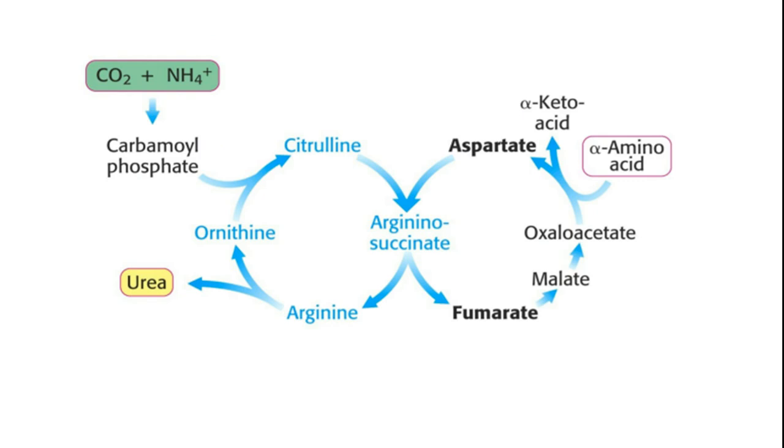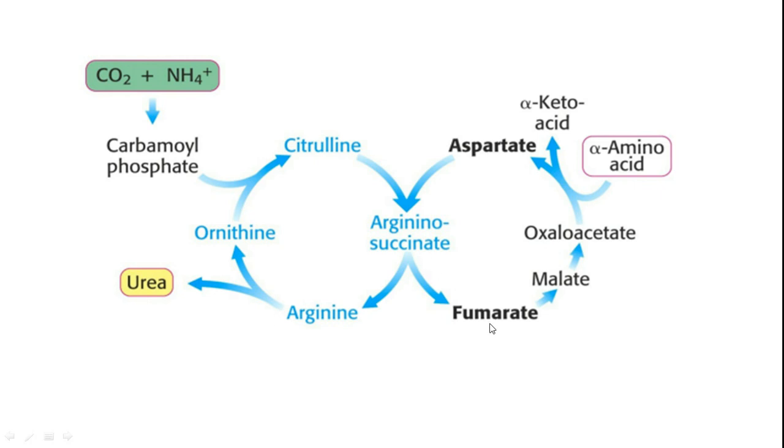So this is the complete picture of the urea cycle, where carbon dioxide in the form of bicarbonate anion and ammonia are converted to carbamoyl phosphate that reacts with ornithine to give us citrulline. Citrulline gets converted to arginosuccinate, from which arginine is coming.